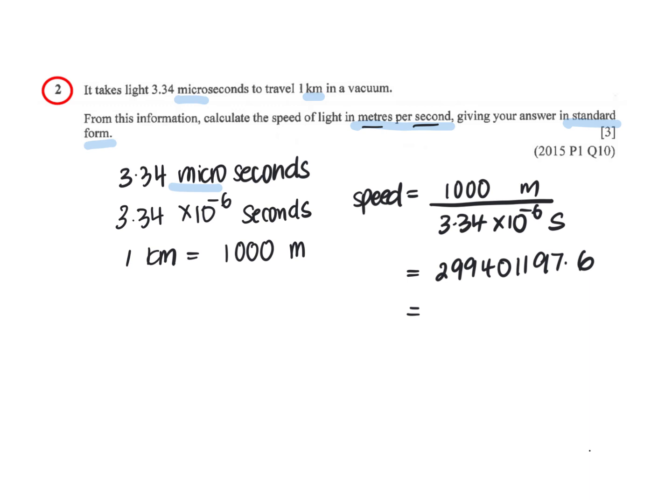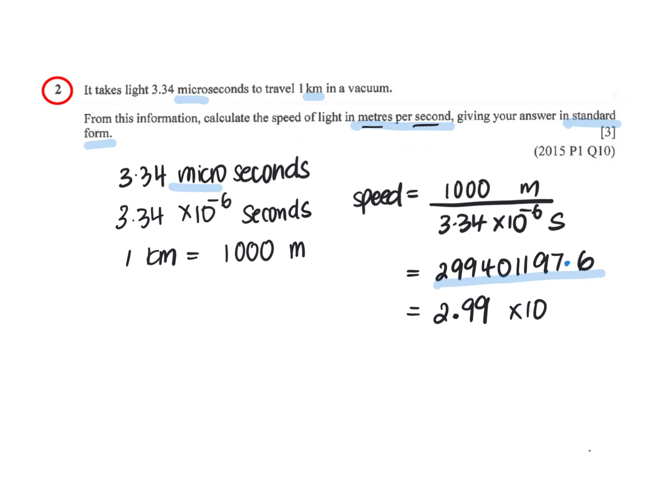And you notice the number is actually quite long, so we can convert it to 3 sig fig. Okay, so I'll need to put my decimal place in 2.99 to make it such that it's a number bigger than or equal to 1, smaller than 10. So it's times 10. Now you notice that this is actually a very large number, right? So our power definitely must be a positive power.